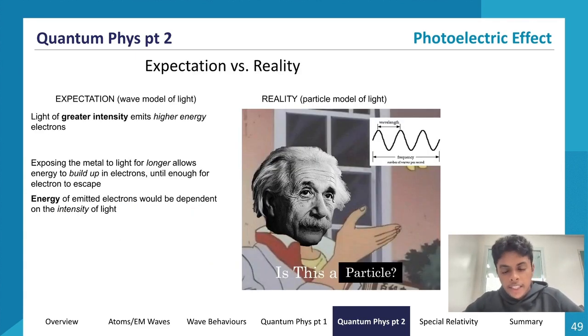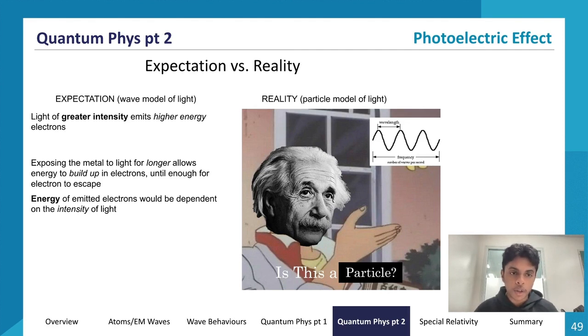Now, expectation versus reality. This is a big conflict that allowed us to expand our understanding of models. The expectation from the wave model of light was that light of greater intensity emits higher energy electrons. If we have a greater intensity of light, it would emit higher energy electrons. But what we found was that the photovoltage, which dictates the energy of the electrons, wouldn't increase.